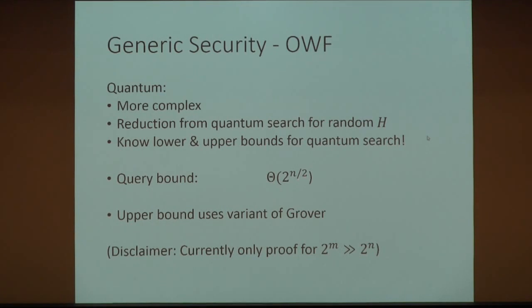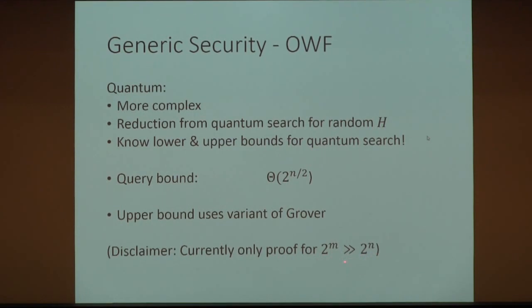In this case, it turns out what we guessed before but didn't verify before, it's 2 to the n over 2. And for the upper bound, you can simply apply some variant of Grover that also works in the average case and analyze the success probability. And then you get the upper bound.